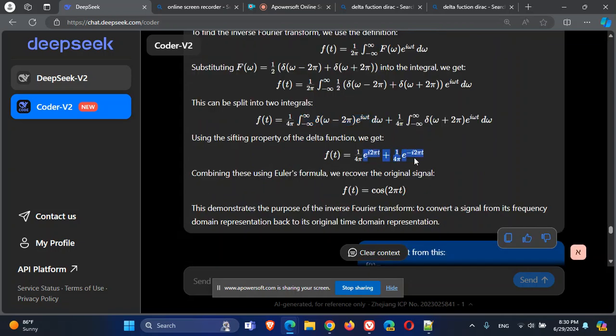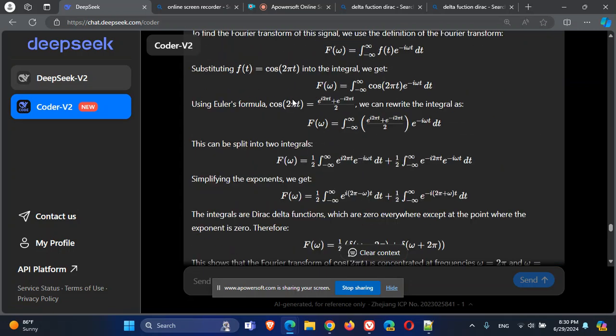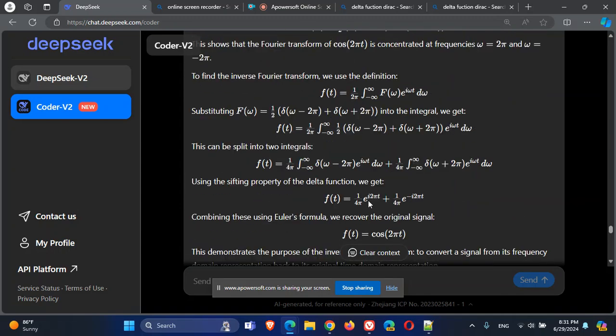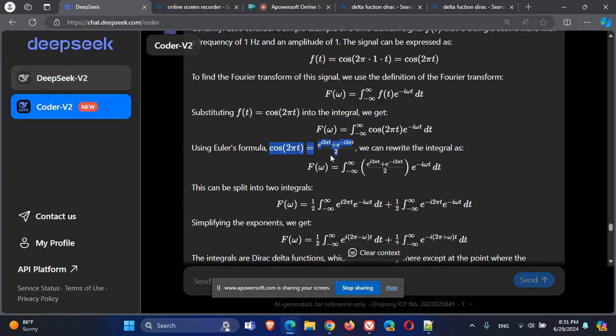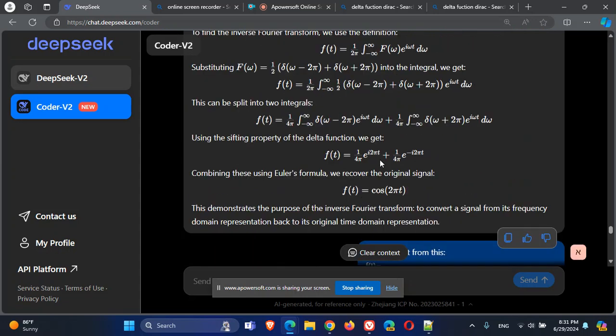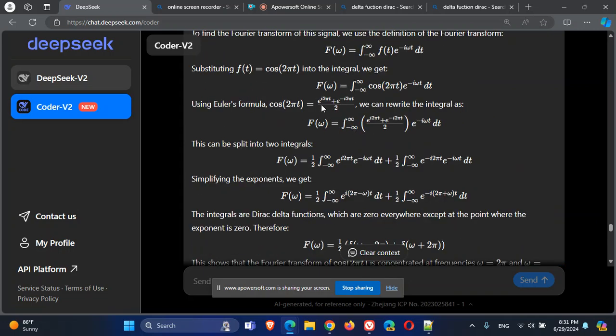Now, what is this? This is exactly what cosine 2 pi t equals, except for the denominator, which instead of being 2 is now 4 pi.